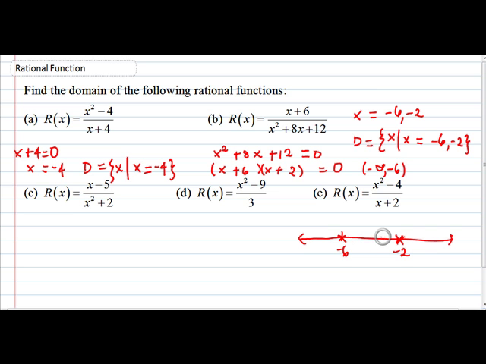And our domain is also any number inside this interval, which is -6 to -2. Then our domain is any number x from -2 to positive infinity. So -2 to infinity. So we put a U here, meaning union. So this is another way to write the domain of our function in terms of interval notation.